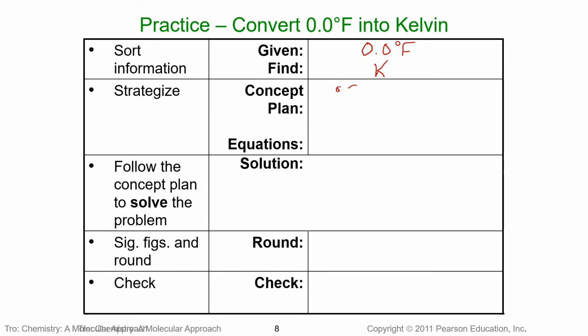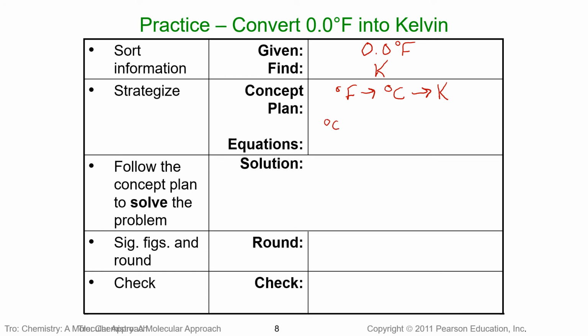In order to do that, we want to start with our degrees Fahrenheit, convert to degrees Celsius, and then finally to Kelvin. So we're going to need a couple of equations to do this.